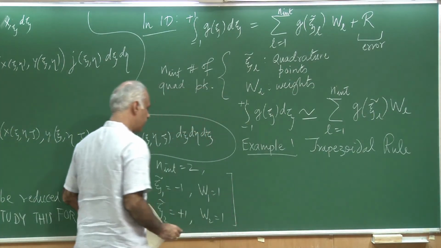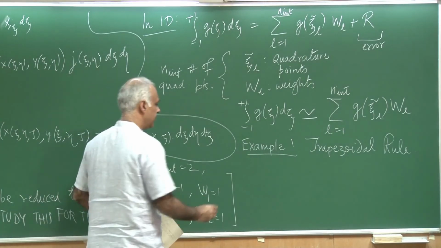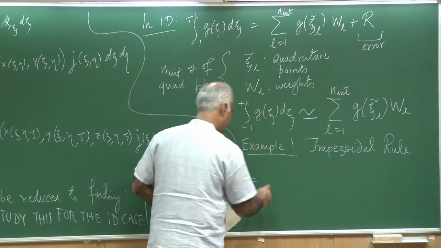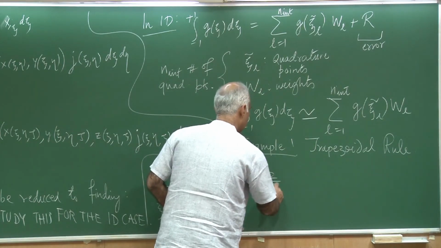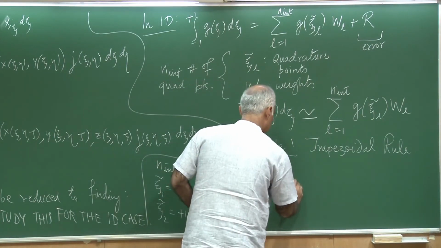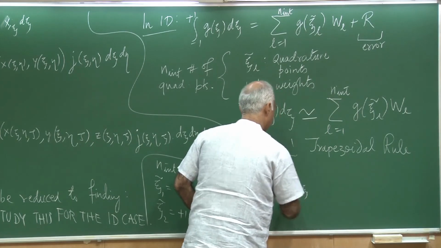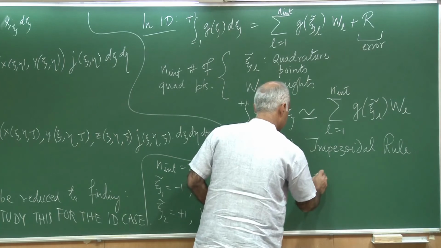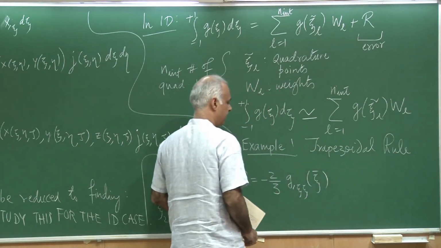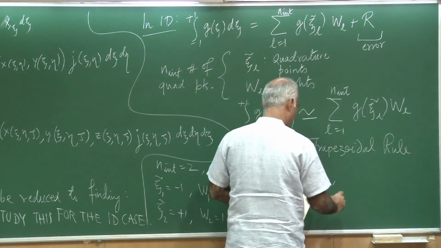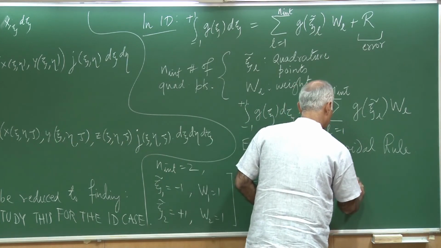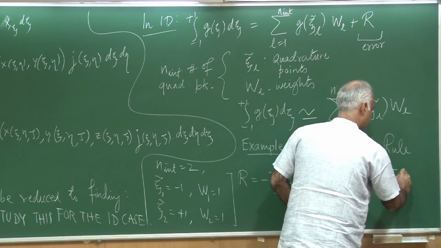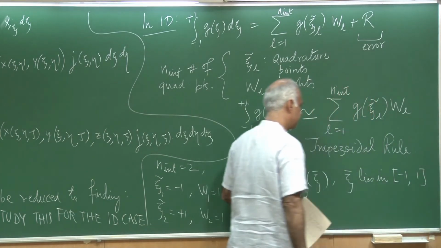If we carry out integration with this quadrature rule, then it turns out that R, the residual, can be given as -2/3 times the second derivative of the function g at a certain point z bar, where z bar lies in -1 to +1.